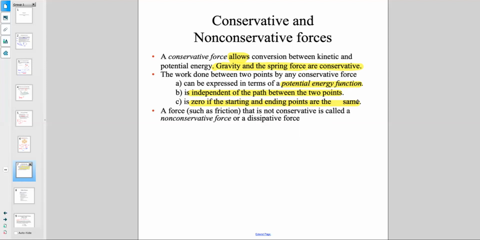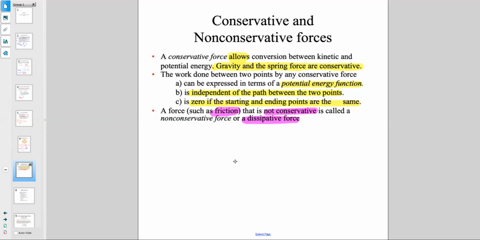However, a force such as friction is not conservative. So friction is not conservative, and it's called a non-conservative force or a dissipative force. This is also important to remember.